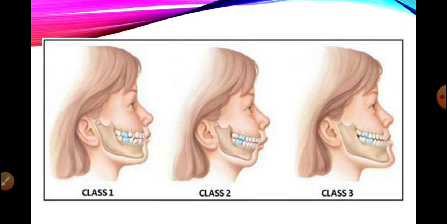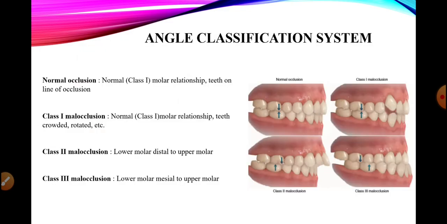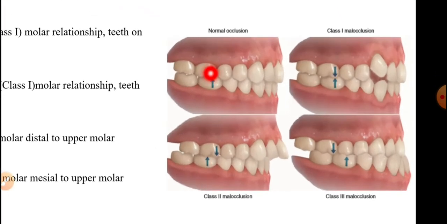One is the American school of thought, the idea given by Angle, and the second is the British school of thought, in which there is the British incisor classification. The British Standard Institute has classified the malocclusion. When classifying malocclusions on the basis of Angle, Angle used the molar as a reference point.